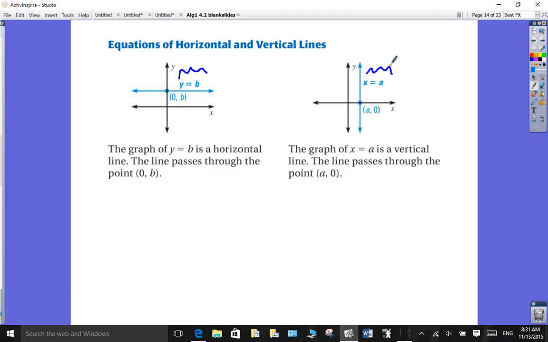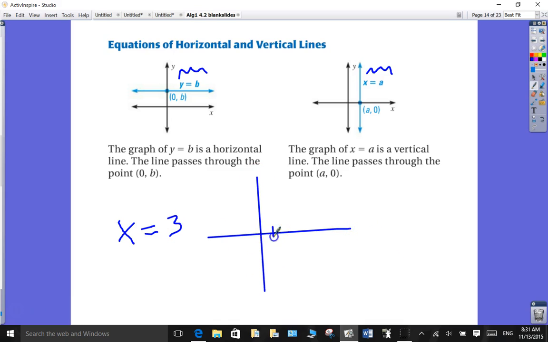So a lot of times we'll do more of this for many lessons to come. But for example, on a test, I might say graph x equals 3. And this is what I get on the test, right?